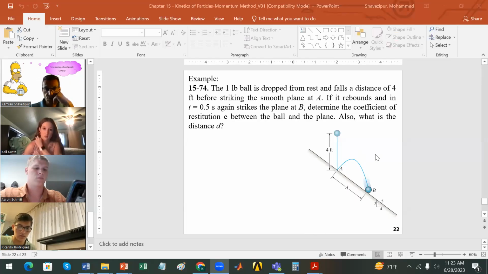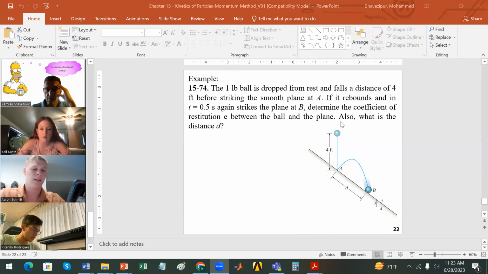This was the problem we talked about. I'm going to switch to the slide quickly. The problem is like this: the ball falls freely from a height of 4 feet. It's the ground that has an angle. Hitting the ground and bouncing back, this part is impact with ground.